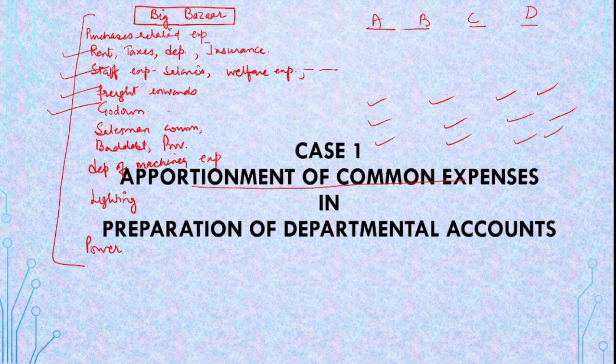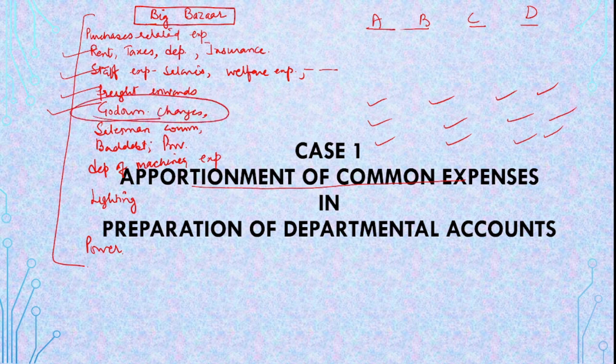In order to understand distribution or apportionment of common expenses, we need to go deep into the nature of the expense. Once you understand the nature of the expense, then you can determine the basis of distribution also. Like if I say godown charges, why are we having a godown?